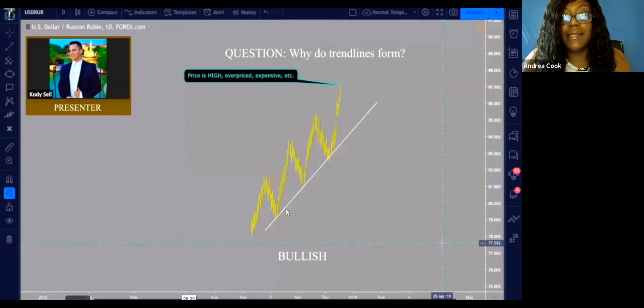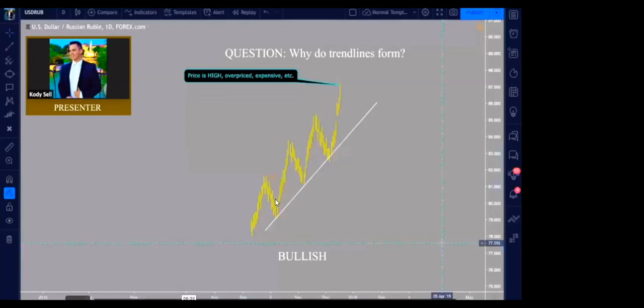A trend line is the same thing except it's on a diagonal line. So it's going to be the trend line for when price is moving up and when price is moving down. And right now we're discussing when it moves up, which is when it's in a bullish trend.